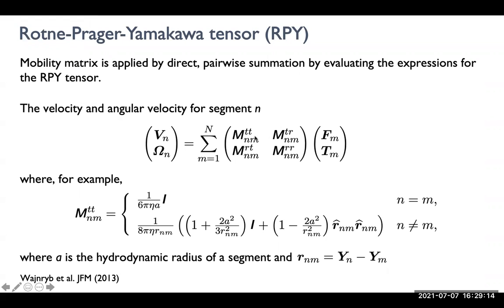And you could develop it for just relating forces and velocities, or you can have a broader version that also allows for torques and rotations of your segments, which is the incarnation that we use. And a is going to be the hydrodynamic radius of our segments. So we could just evaluate this pairwise, and we do so using our GPUs.